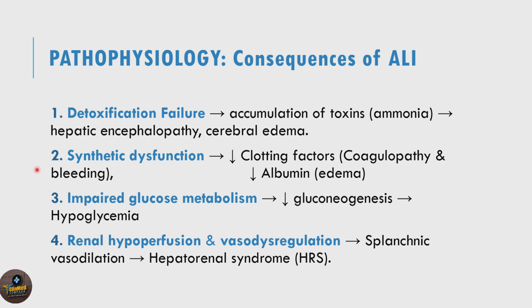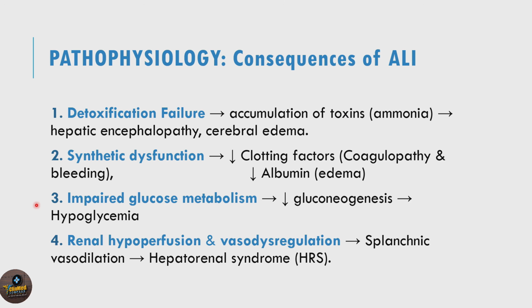Secondly, synthetic dysfunction. This causes decreased clotting factors, which leads to coagulopathy and bleeding, and reduced albumin production, leading to edema and ascites. Third, impaired glucose metabolism, which results in decreased gluconeogenesis and eventually hypoglycemia.